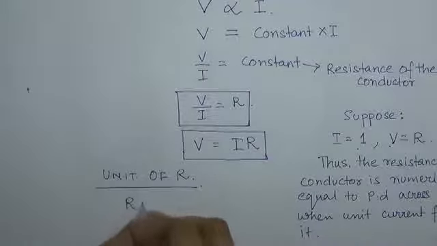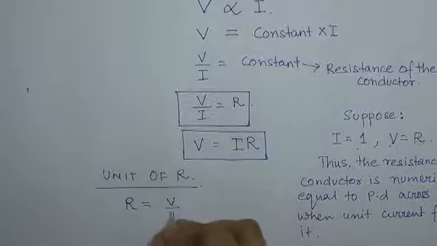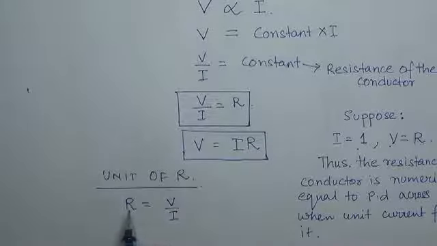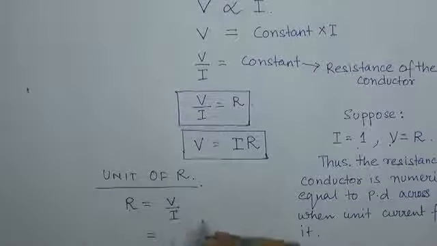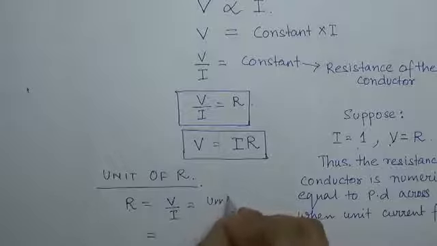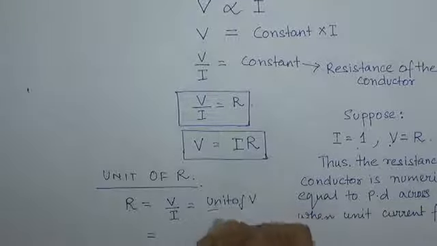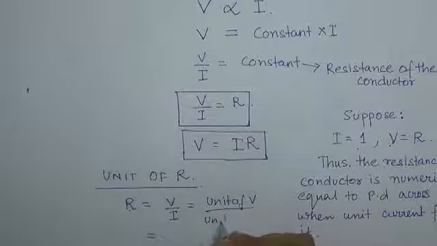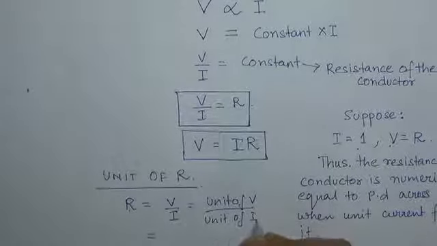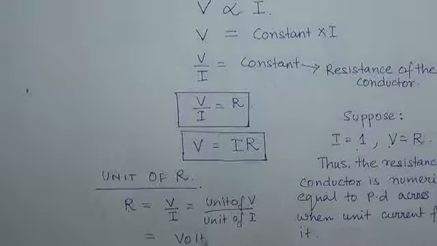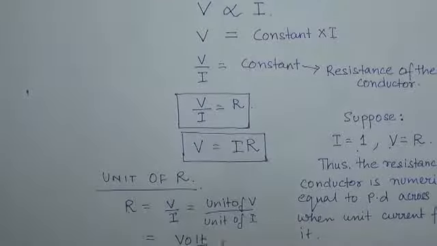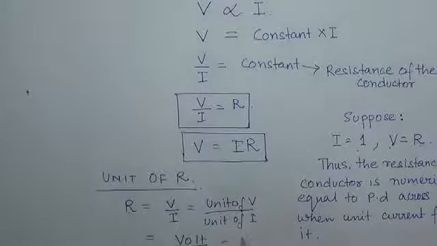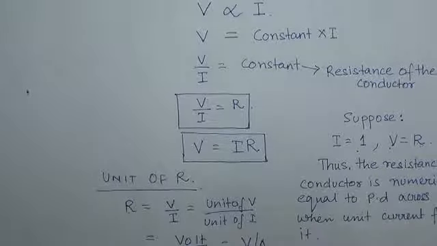So what we can write, R is equal to V by I. So unit of R will be equal to unit of V by unit of I. So unit of V is volt and unit of I is ampere. We have done it before. So what we can write? The unit of resistance will be volt per ampere.